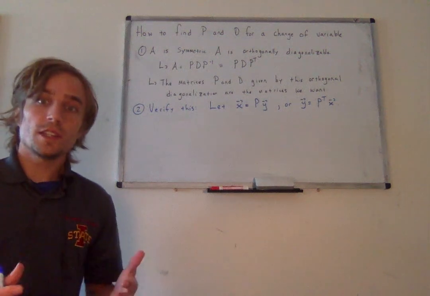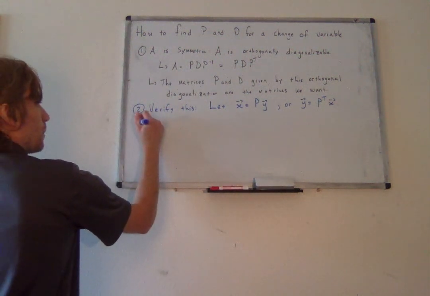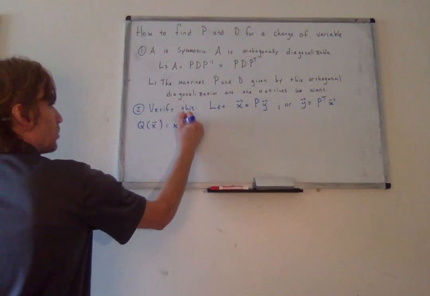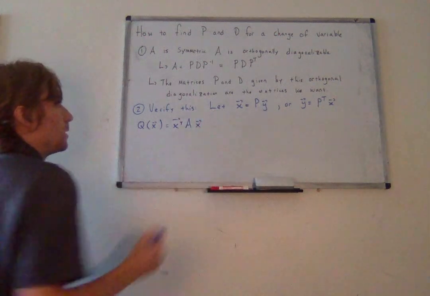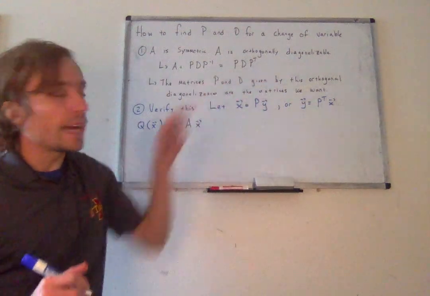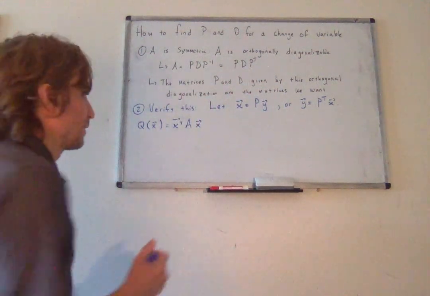So now, does this actually transform our old quadratic form, Q of x equals x transpose A x, into a new quadratic form with this variable vector and diagonal matrix D? I think the answer is yes.